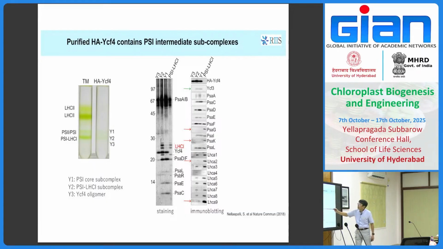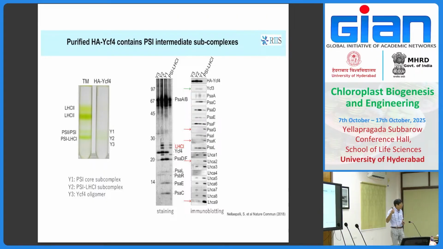But Y2 contains PSA A, C, D, E, F, I, L, and LHC1, LHCA 1, 2, 3, 4, 5, 6, 7, 8, 9. So almost all LHC1, but LHCA2 is very low. LHCA9 is also very low. So at least 7 different LHCA proteins are present.